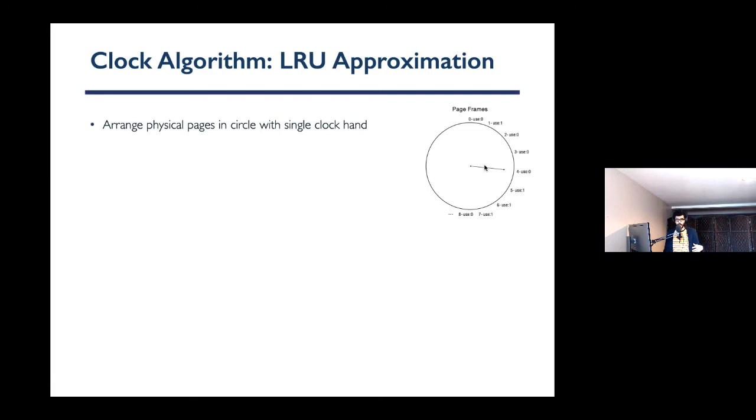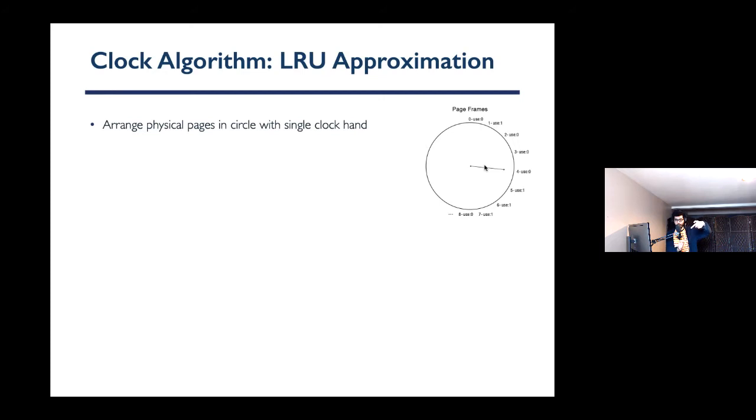There might be other pages that haven't been accessed as well, and they haven't been accessed for a longer time in the past, but you cannot afford finding them. As you just saw, it's too expensive. So this is an approximation. So basically, every time you have a page fault, the hand ticks, you check that page's access bit.